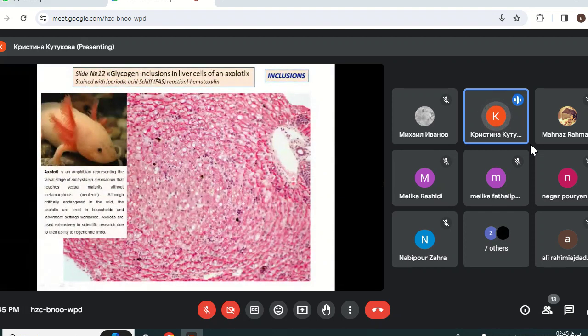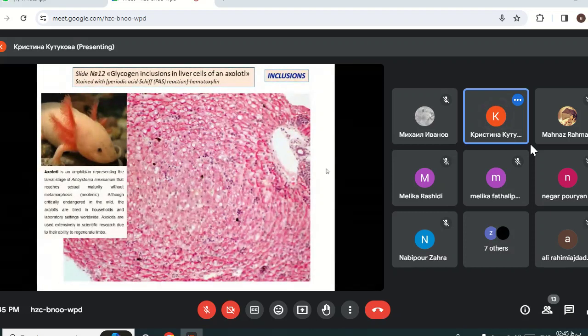And finally, we go to inclusions. We were discussing organelles, which are present always in any cells, but inclusions are temporary inclusions of molecules.